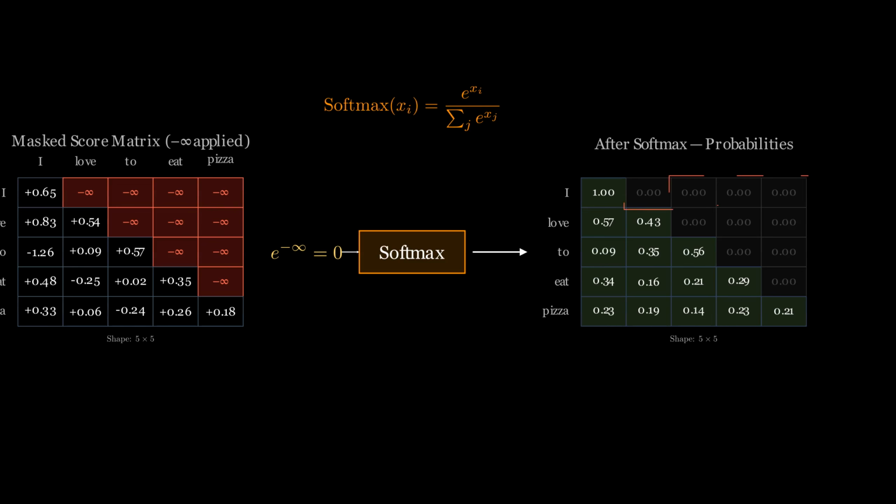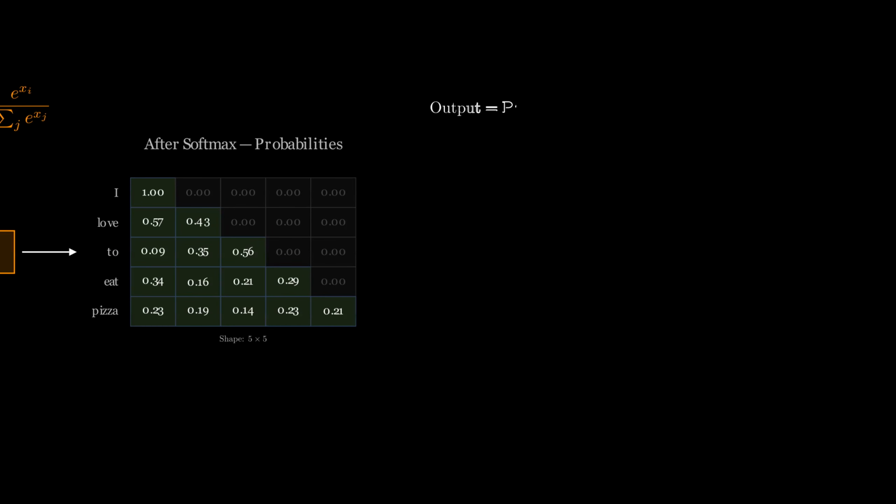Look at this probability matrix. Upper triangle, all zeros. The diagonal and below, live attention weights, summing to 1 per row. Token I attends only to itself. Pizza attends to everything before it. Causality enforced mathematically. Last step, we multiply the probability matrix by V. These weights decide how much of each value vector flows into the output.